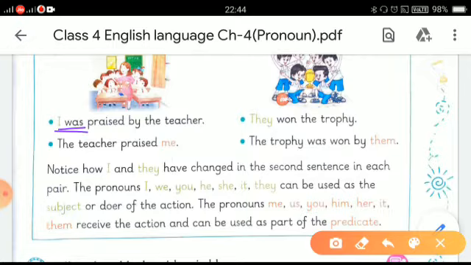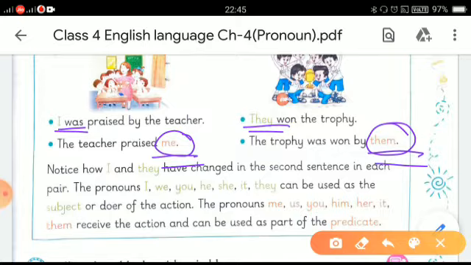The teacher praised me. Me, talking about myself, is also a pronoun. They won the trophy, pointing towards the third person. The trophy was won by them. Now, notice how I and they have changed in the second sentences in each pair.